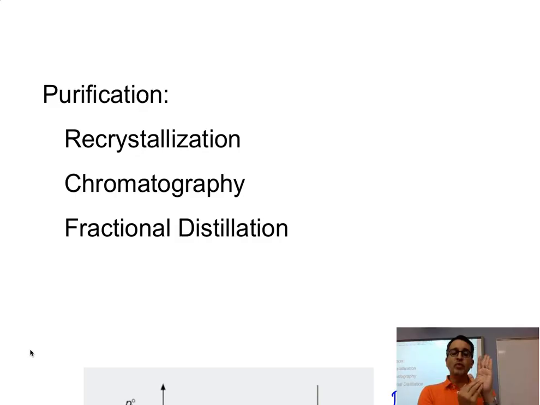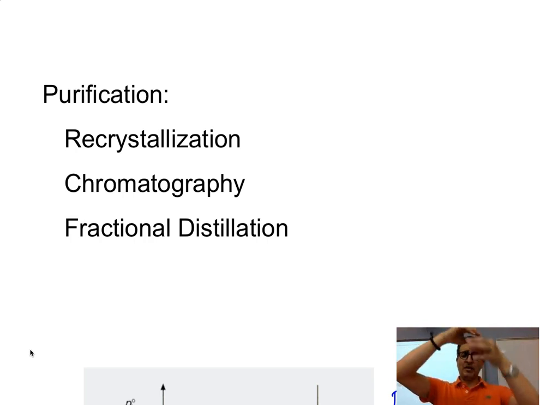The solvent will move the chemicals and separate them, if you have multiple chemicals in there, depending on the way they interact with the solvent, which one's more soluble depending on polarity, and you'll have different what are called retention times for the compounds. Depending on how they separate, you can then peel off the piece that has the chemical that you desire. And you can do this in a column as well.